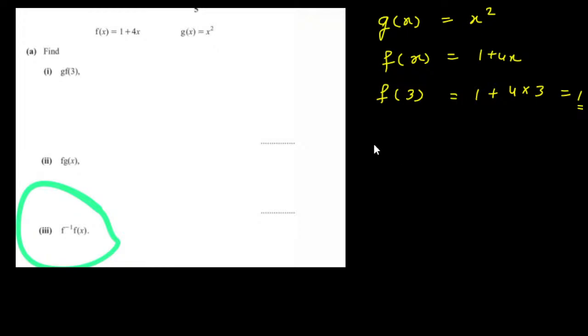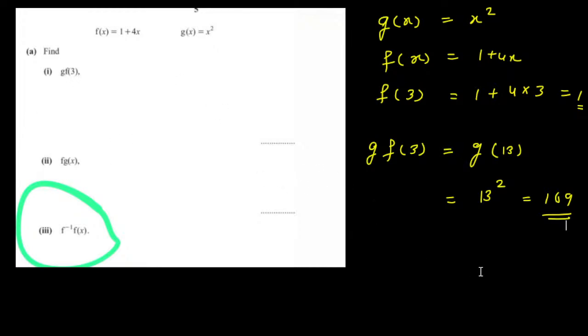Now g of f of 3 means g of the value of f of 3, which we got as 13. So g of 13 is 13 square, which is 169.